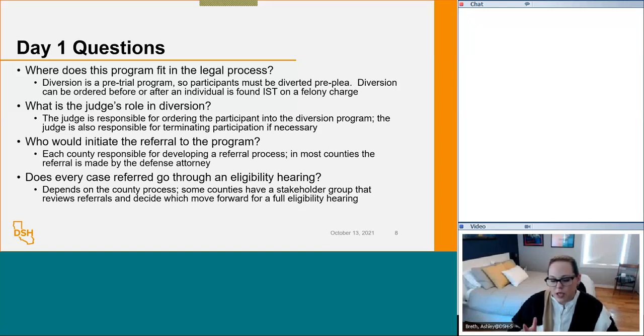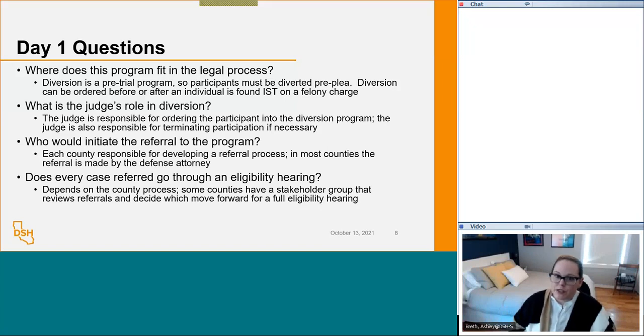If you are familiar with the sequential intercept map, it is intercepts 2 and 3, I believe. So, pre-admission into an institution, pretrial.